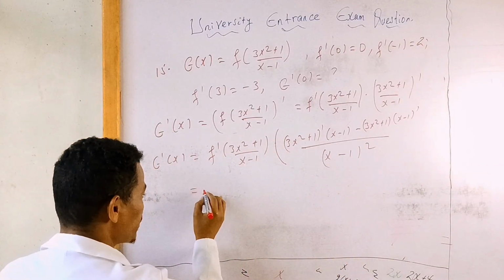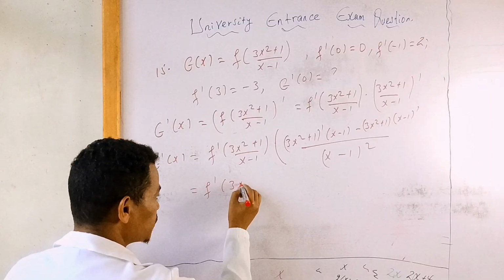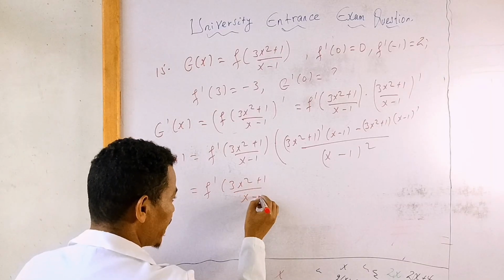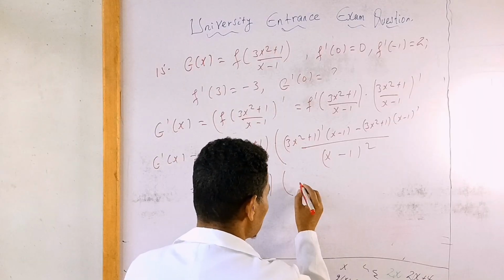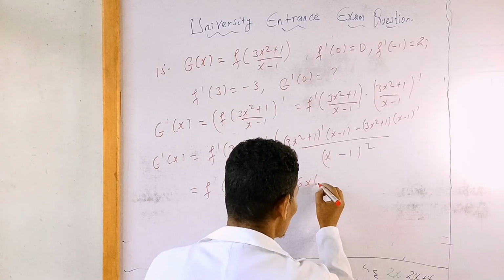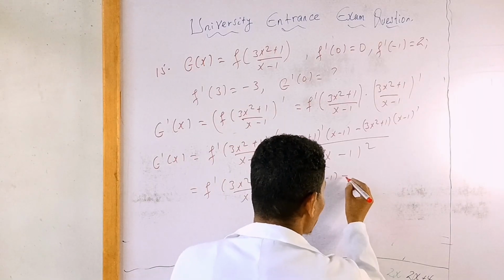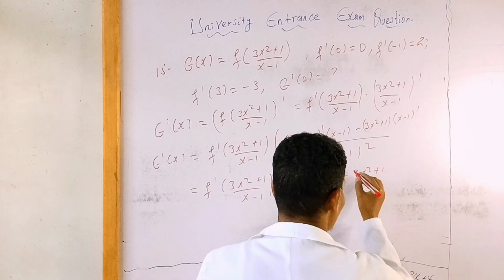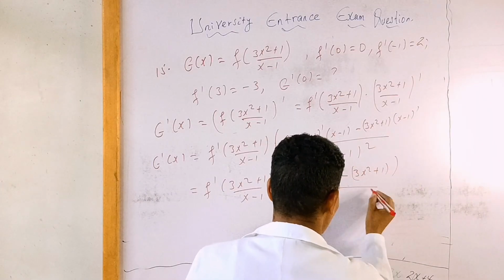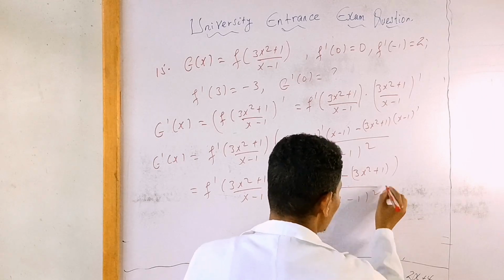This is the same as f derivative of 3x square plus 1 over x minus 1 into 6x into x minus 1 minus 3x square plus 1, times 1, over x minus 1 the whole square.